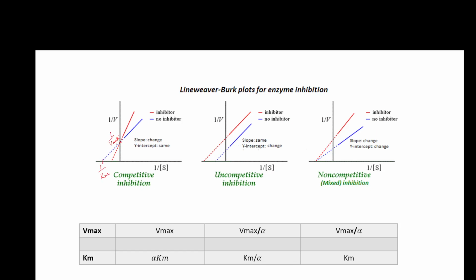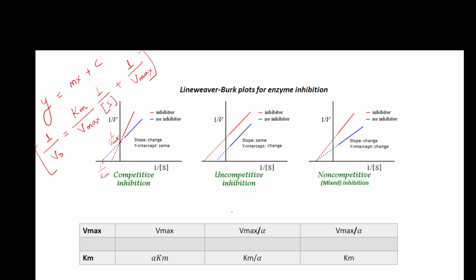And this is for a linear equation. So 1 by V naught, the slope m will be Km by Vmax, and x will be the substrate concentration, which will be the reciprocal of that, and c will be the y-intercept, which is 1 by Vmax. So this is the Lineweaver-Burk equation.